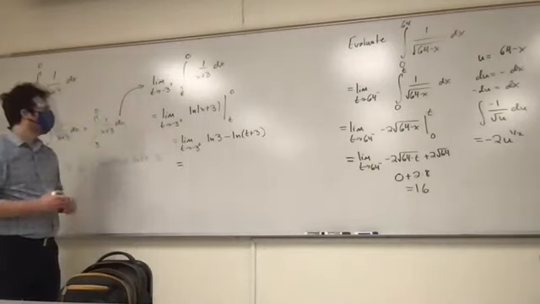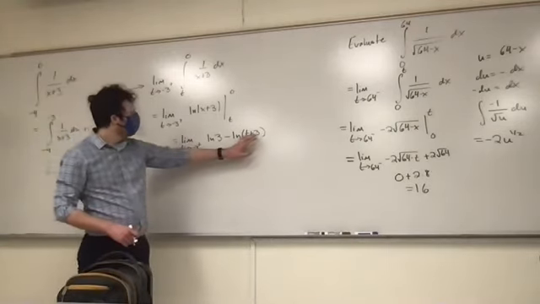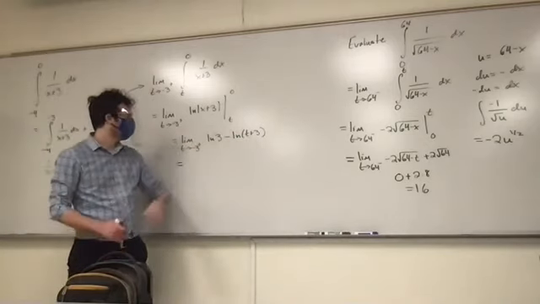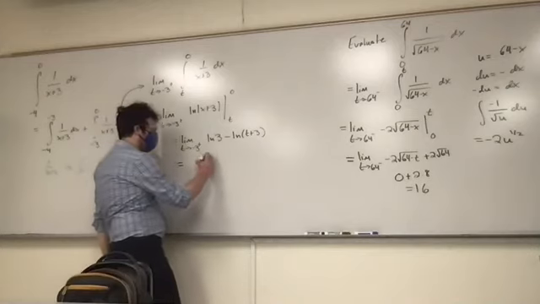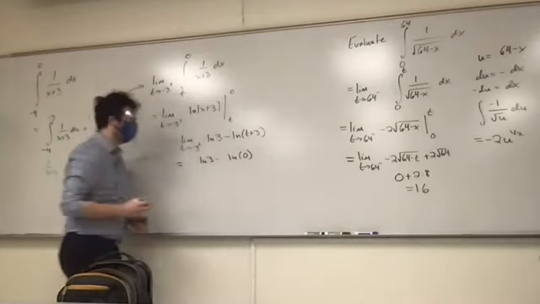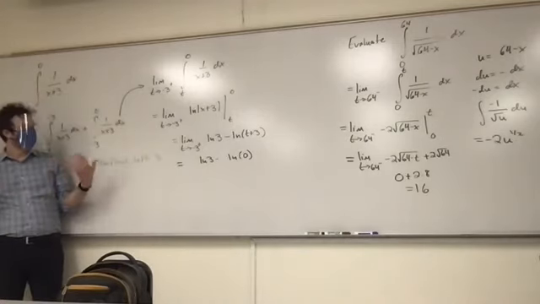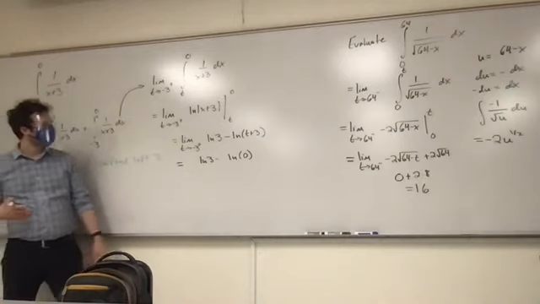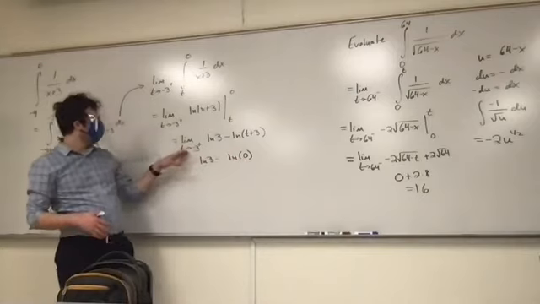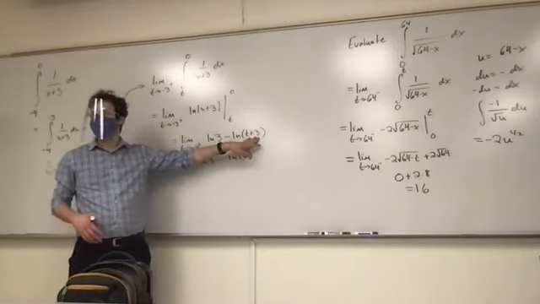And now what we're doing is the natural log of 3 is fixed, but if we try to put in -3 here, what we get is this natural log of 0 thing, which isn't a number, but is saying that as t is going to -3, the inside of our natural log is going to 0.